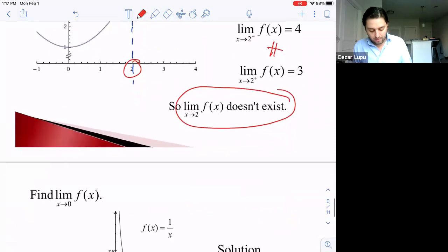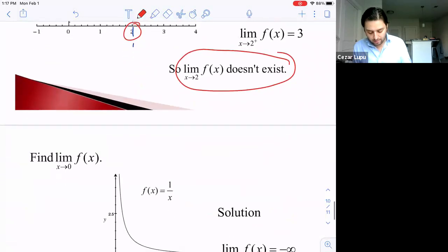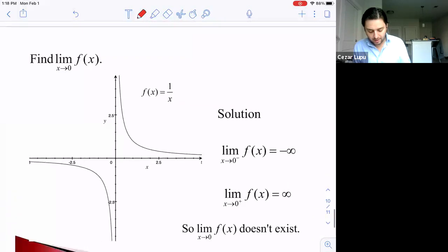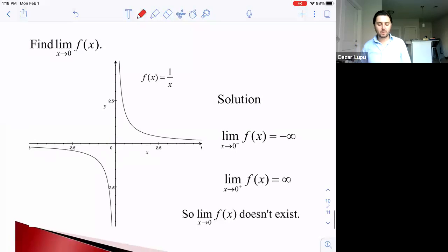All right, now let me show you something similar. We have the function f of x equals 1 over x, and as we have seen in the first lecture, the graph of f of x equals 1 over x looks like this, right?